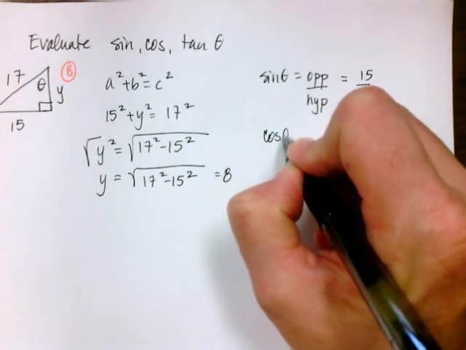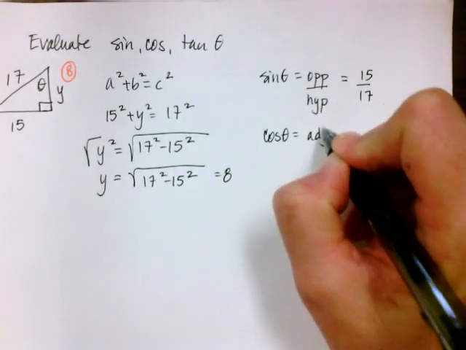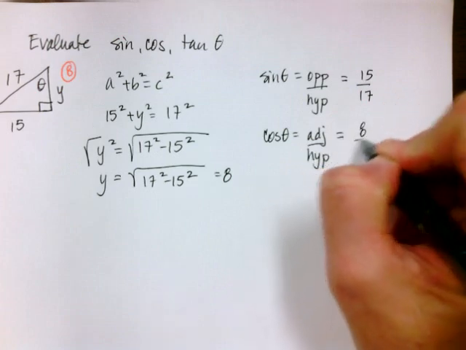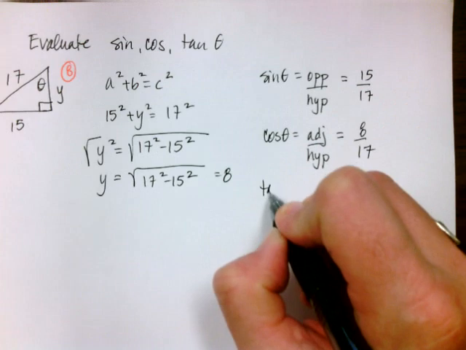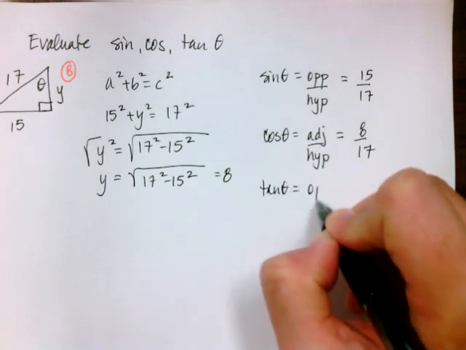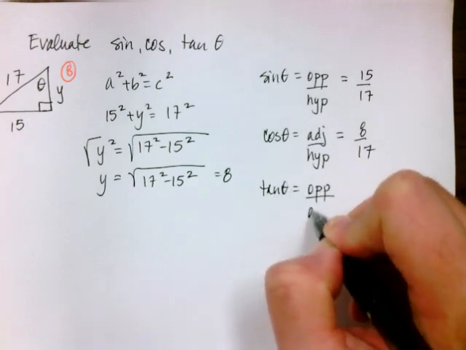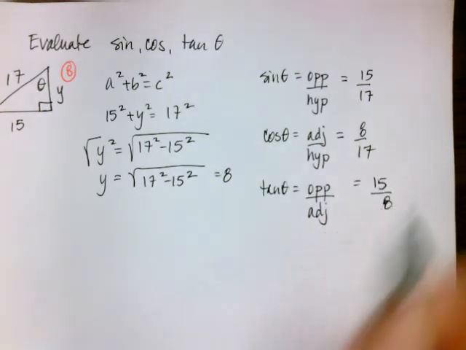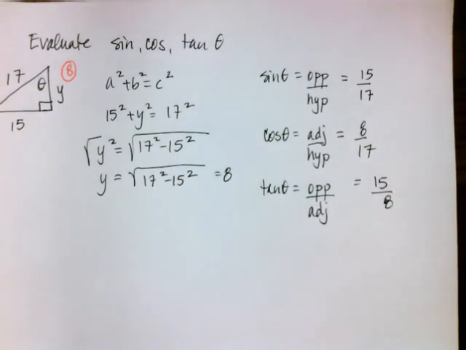The cosine of theta is the adjacent over the hypotenuse, and that's going to be 8 over 17. And the tangent of theta is the opposite over the adjacent, and that's going to be 15 over 8. Okay? So there, we're done.